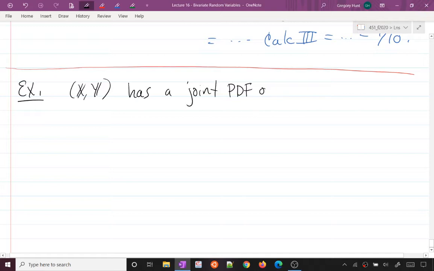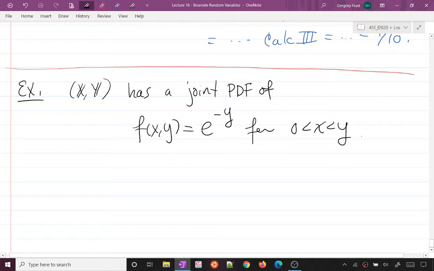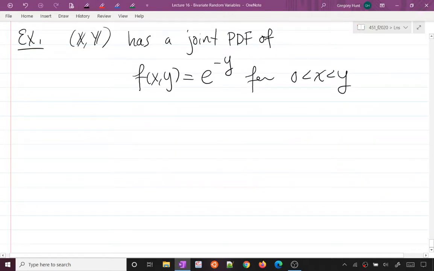Okay, so let's say our bivariate random variable xy has a joint PDF f(x,y) equal to e to the negative y for 0 less than x less than y. So you're going to get problems on homework, on exams that start like this. Always draw the picture. So here is going to be my line.